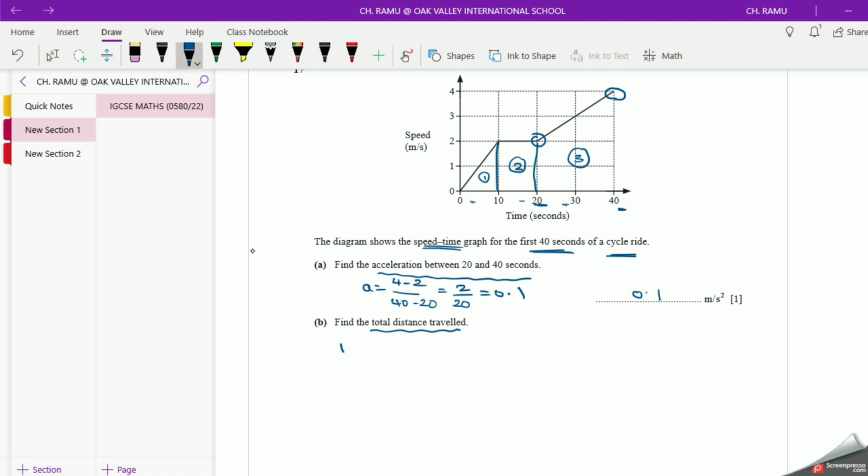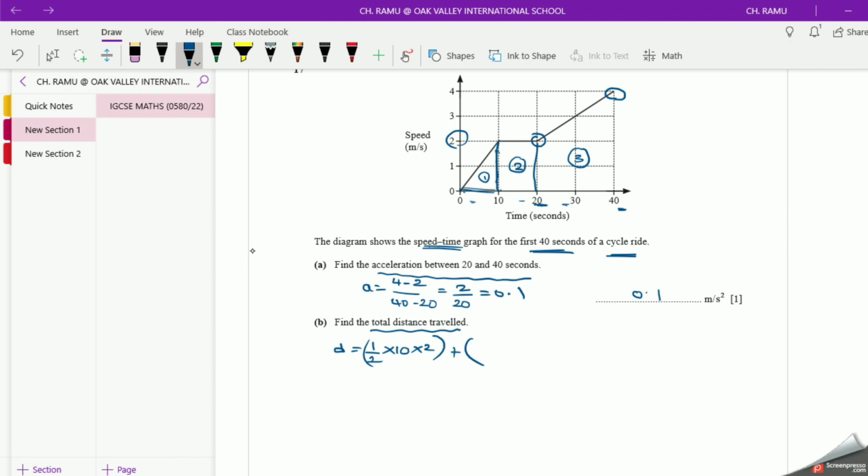So the first part is the area of a triangle, formula half base into height, half into base value 10 into height, from here to here, 2 units.